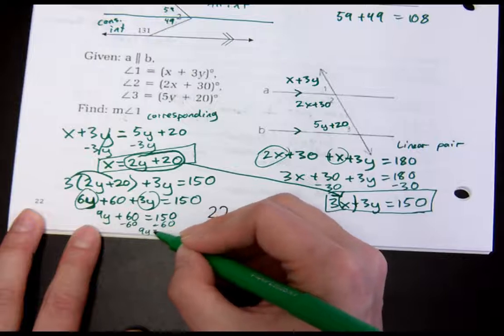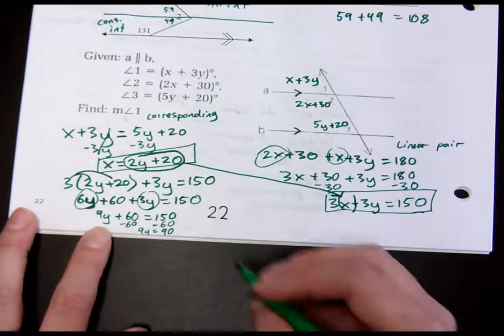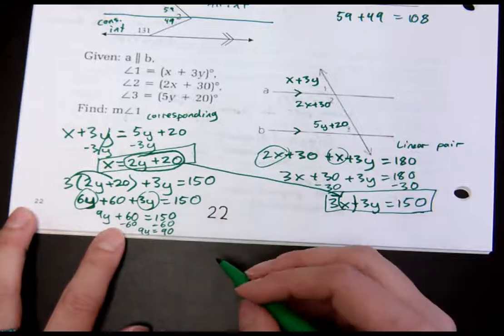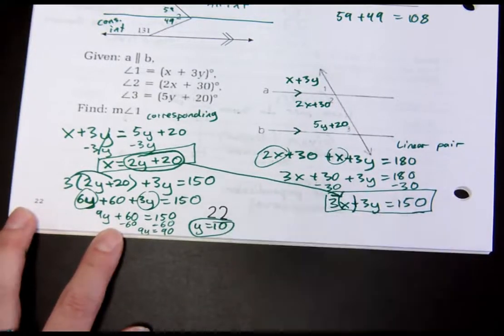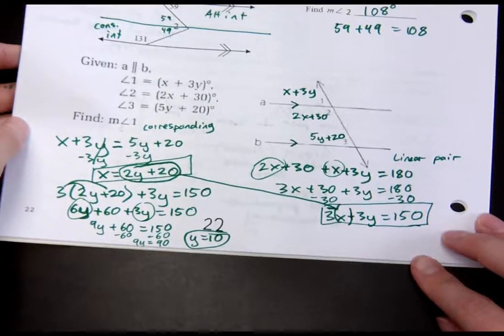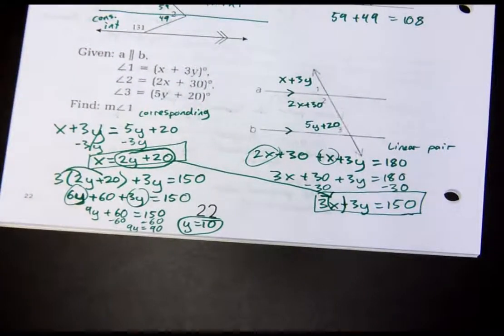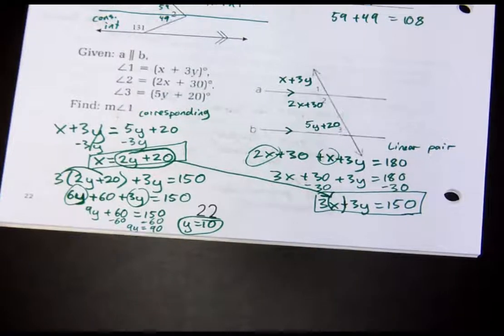I got it. What'd you get? For x or y? Y. Well, I got y equals 10. Okay. Oh wait, no, I got it right. I subtracted wrong. Okay. So if y equals 10, what does x equal?